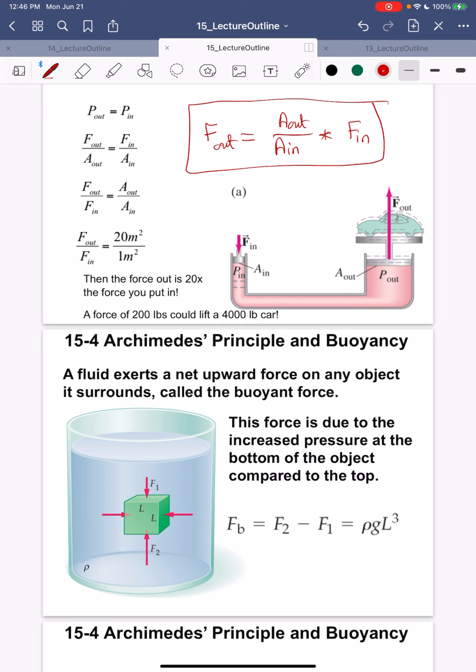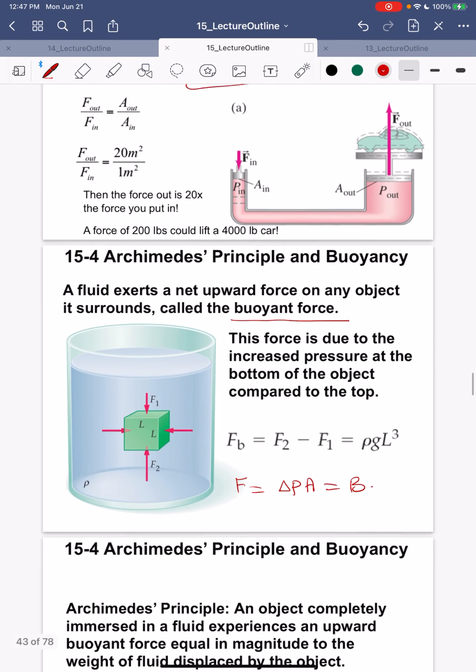Now, we know that whenever you have an object inside a fluid, the fluid will exert a force upward on the object. We call it the buoyant force. This force is due to the increased pressure at the bottom of the object compared to the top. There is a difference in pressure, and that force we call buoyancy.